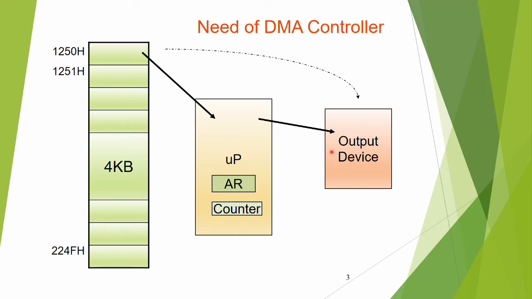And this introduces some wait states. If we want to directly transfer the data from memory to the output device without intervention of the microprocessor, there is one controller which we call the direct memory access controller, and that is the necessity of this DMA controller.